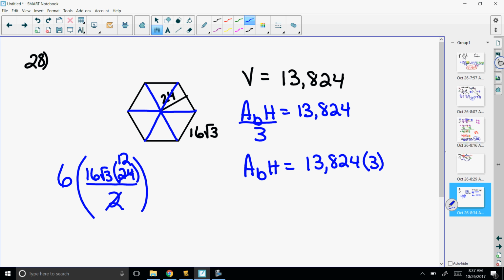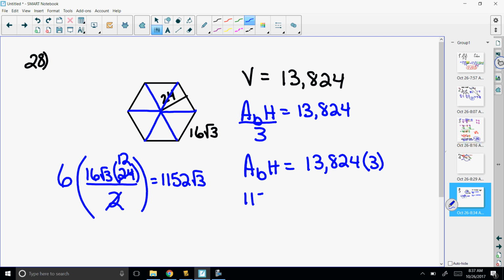So you need 12 times 16 times 6. What's that? 1,152. So the area of the base is 1,152 radical 3.